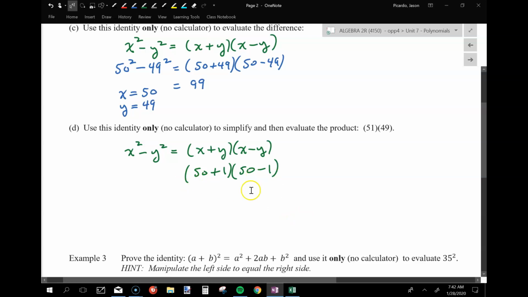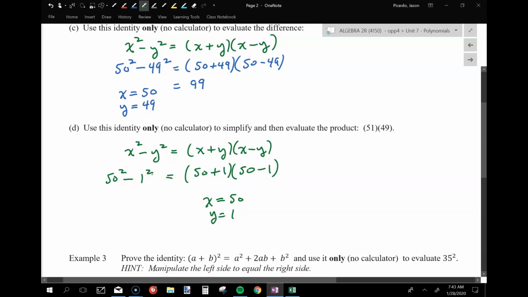And what am I doing with these two things? I'm multiplying them. So I'm sort of doing the problem that we did before backwards now, aren't I? So what am I calling x in this case? 50. What am I calling y? 1. Well, that's the same as 50 squared minus 1 squared.